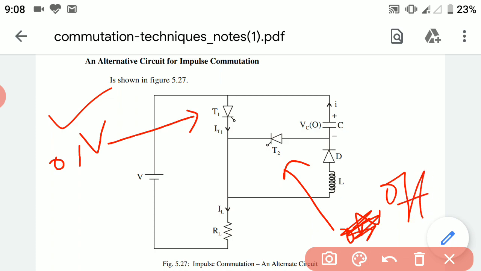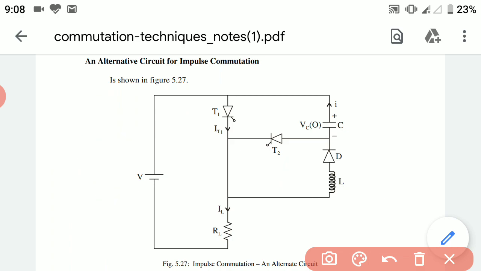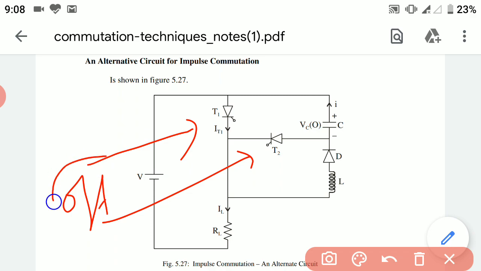If thyristor T1 is off, then at that time thyristor T2 was conducting, it remains on. In this commutation technique, that is class D or impulse commutation technique, both these thyristors will be turned off after some instant, and they never conduct simultaneously.